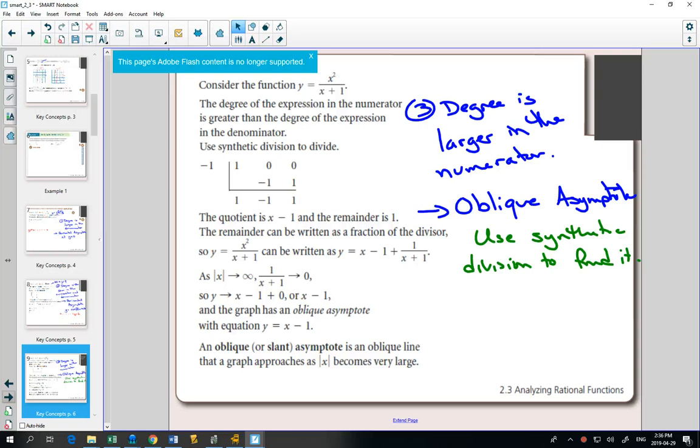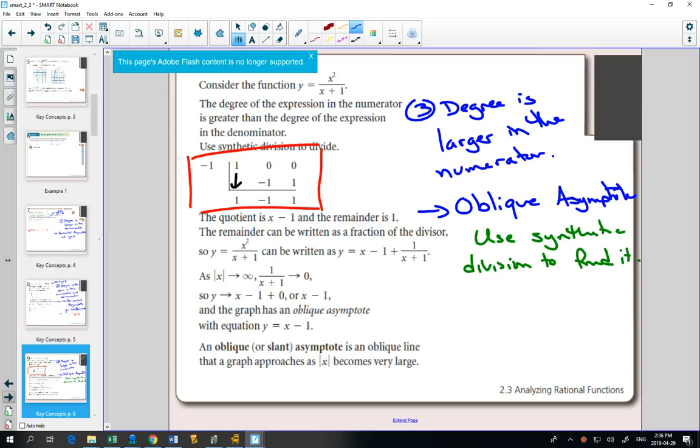So if we were attempting to graph x squared over x plus 1, if I divided x squared by x plus 1 using synthetic division, it would look like that in the red box. You'd have to add zeros for the things that are missing. You're dividing by x plus 1, so you put a negative 1 outside. Bring down the 1, multiply, add, and you get x minus 1 with a remainder of 1.